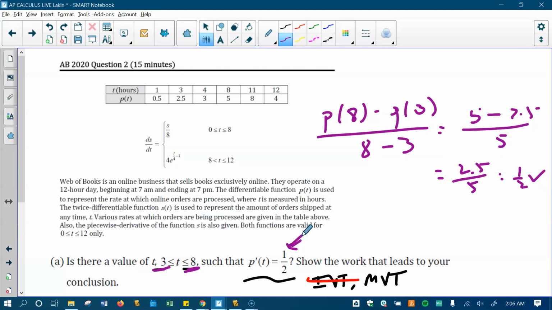Okay, so we do get 1/2 out. That's great. So my answer to the question is the following.